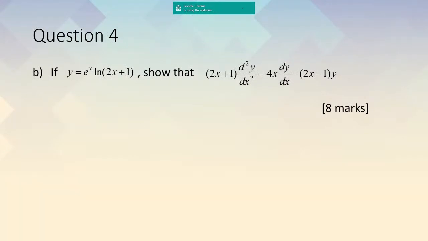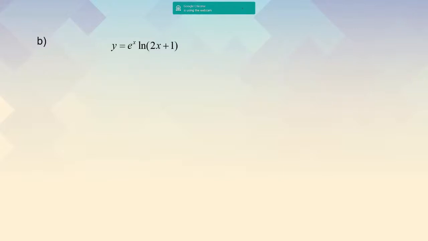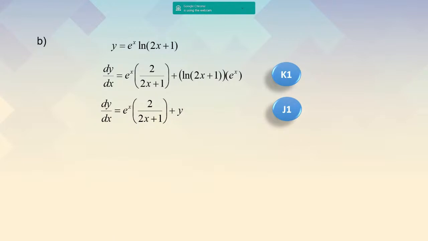So I think we don't have any problem when differentiating the first derivative. To proceed, differentiate again. So bring 2x plus 1, or multiply all with 2x plus 1.